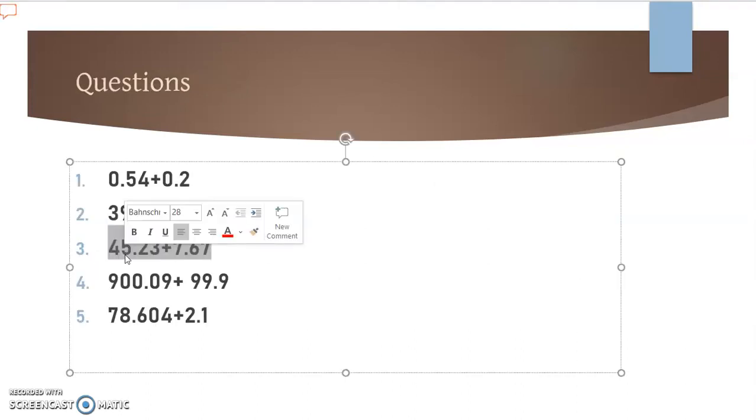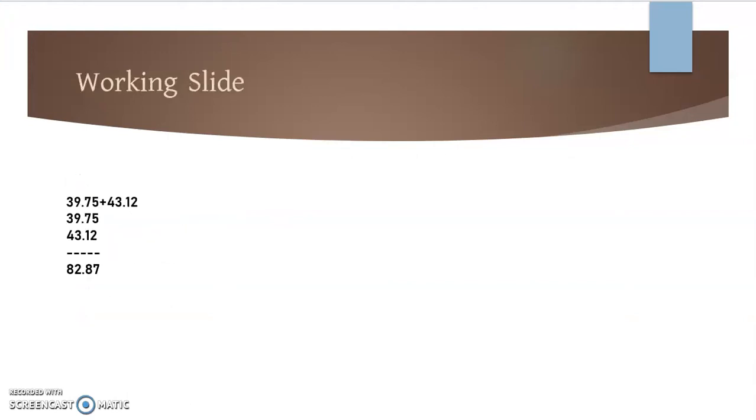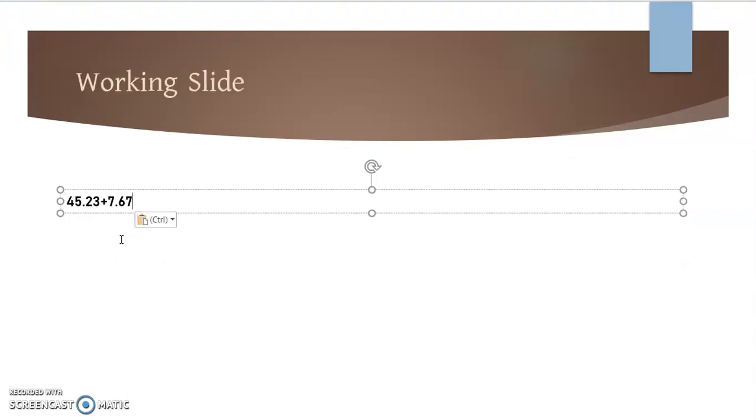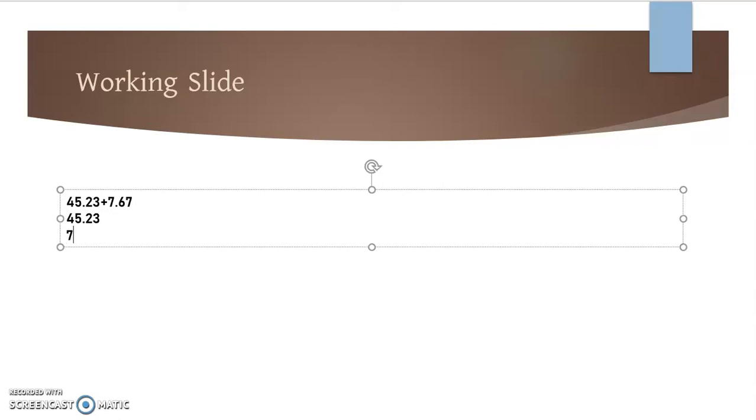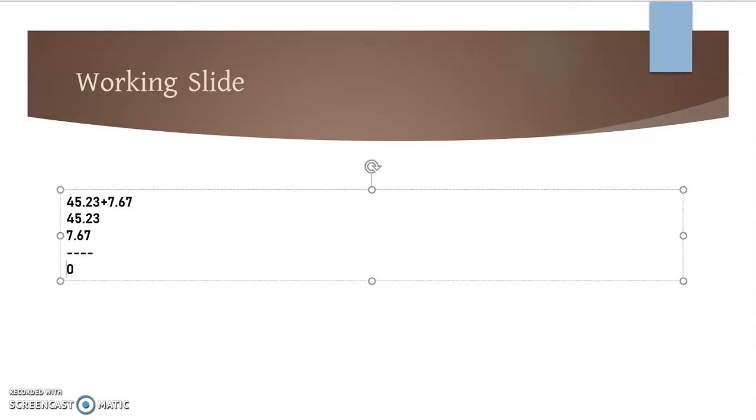This is the third question we are going to do. 45.23 plus 7.67. Here again, the number of digits after the decimal point are the same, so we don't have to do anything in that regard. 45.23 plus 7.67. 3 plus 7, it's 10. 1 carry forward. 2, and then we had 1 carry forward, so it's 3. 3 plus 6, 9.